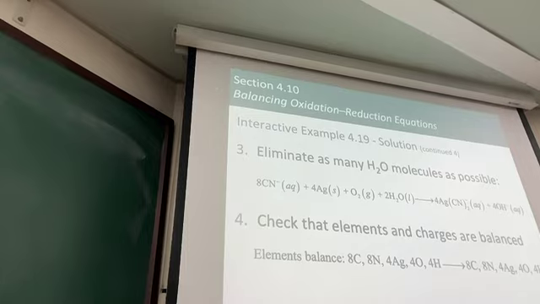It's 12 electrons still. And the second step is you want to balance the charge. Since you have 12 electrons here, you would add 12 OH minus here. That's the second step.